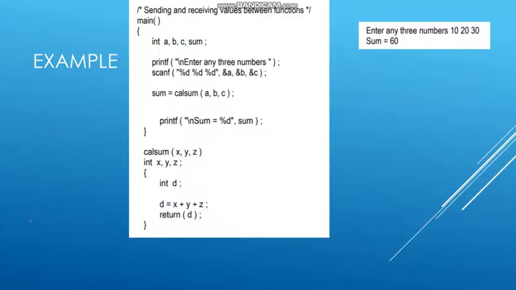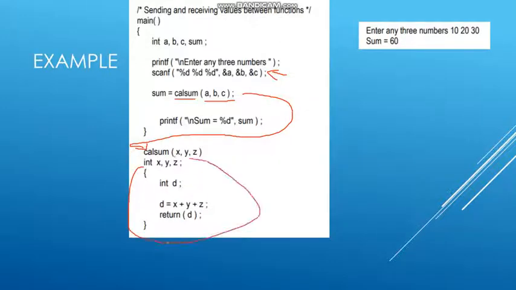See, we have taken the values of a, b and c from the user through the keyboard. Then we are passing this a, b, c to the calsum function, and from here the flow of execution is transferred to this function calsum x, y, z. And now here we have this block.